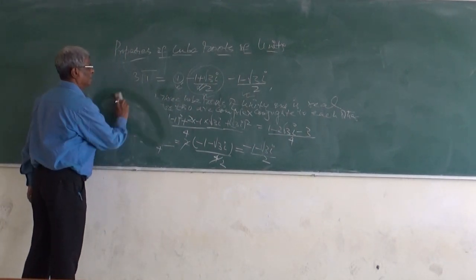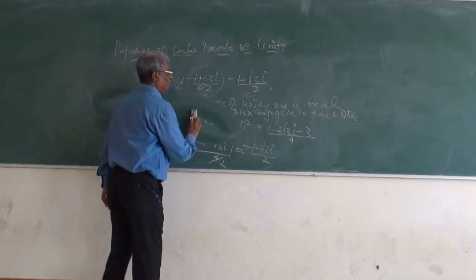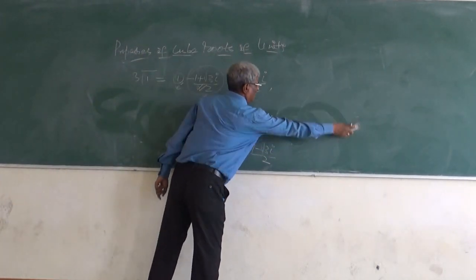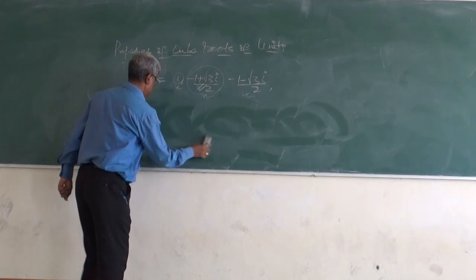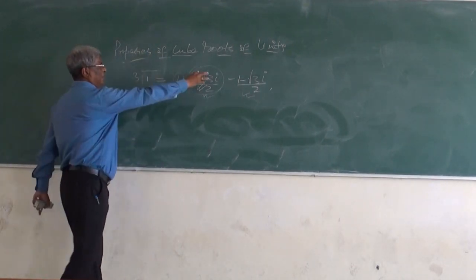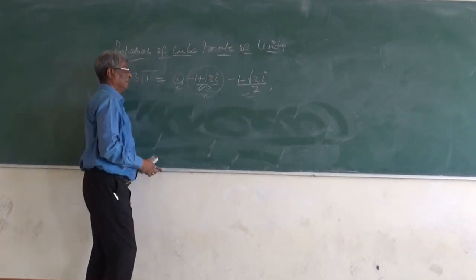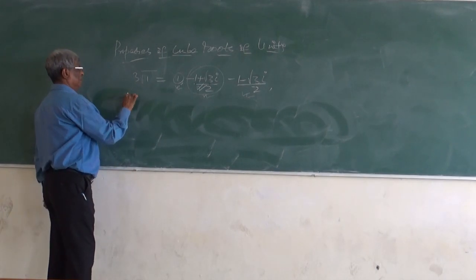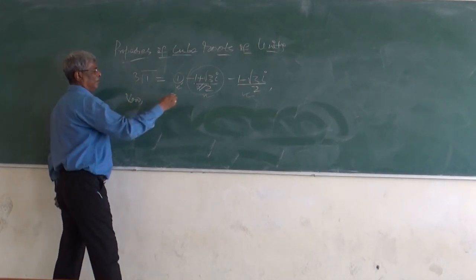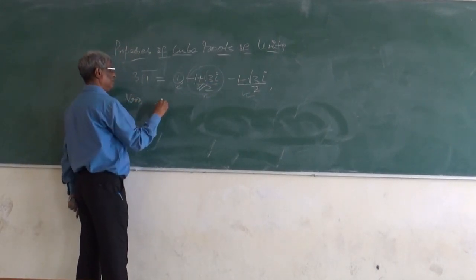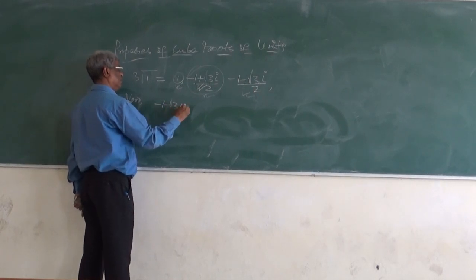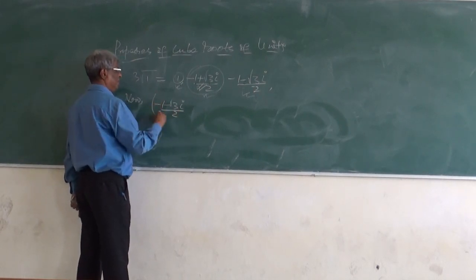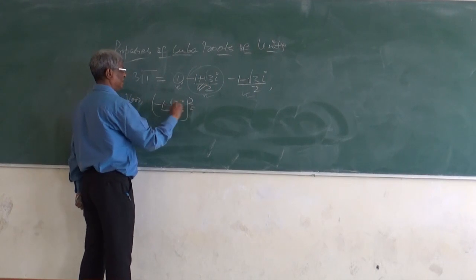Next part of this proof: you have squared this and you have found this. Now we are going to square this: minus 1 minus root 3 iota divided by 2, whole square.